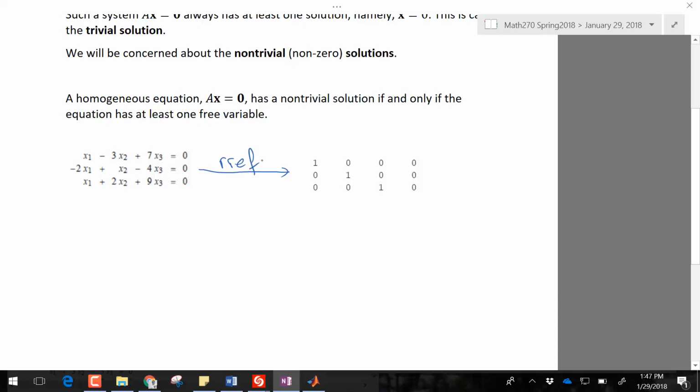So this gives us, well, first of all, based on the statement over here, if it has at least one free variable, then we have a non-trivial solution.